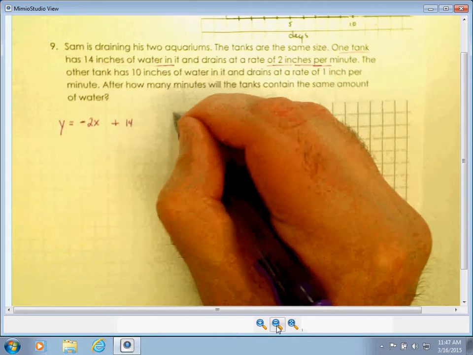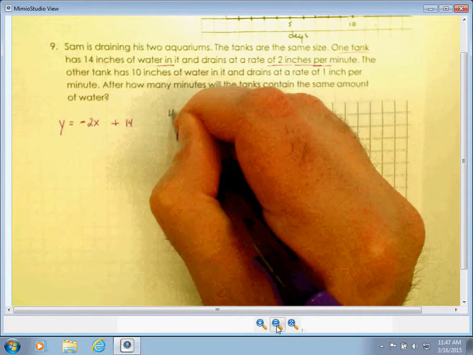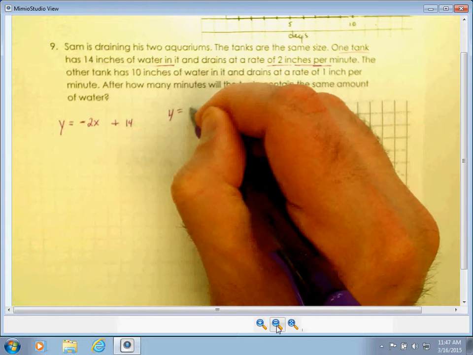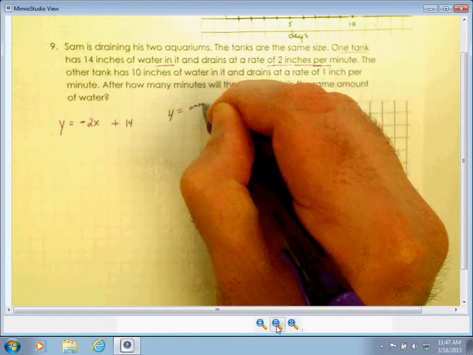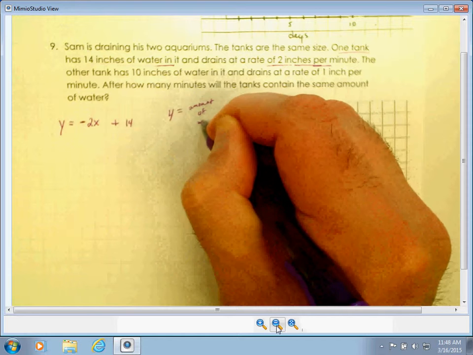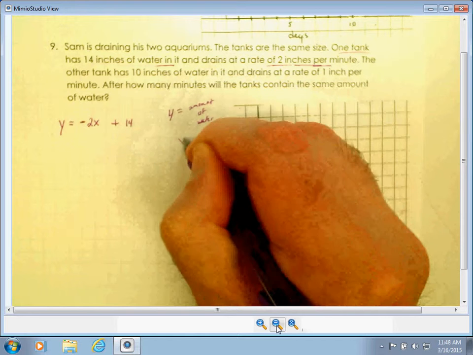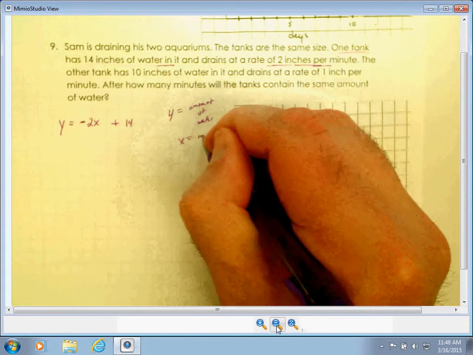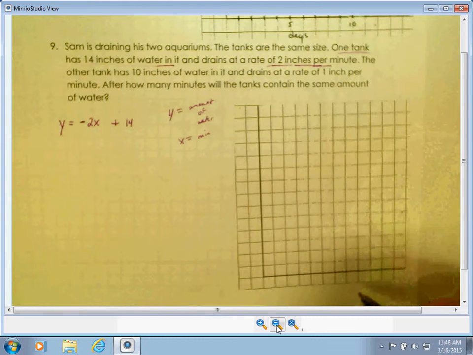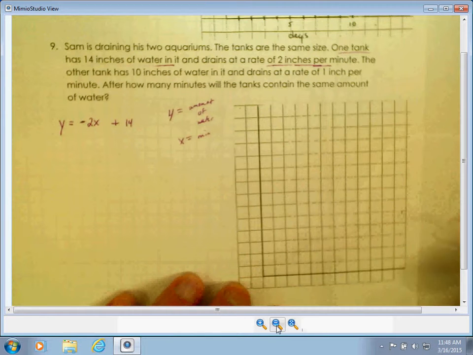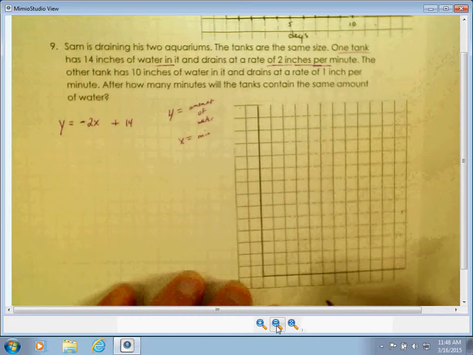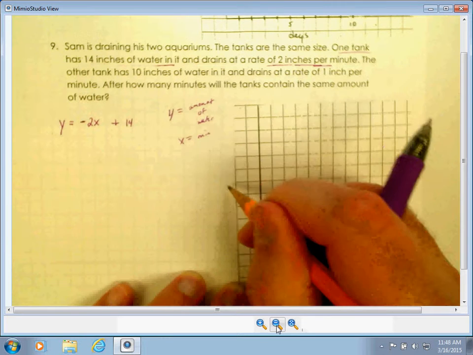So it looks like in this case, y is the amount of water in the tank, and x is the number of minutes. So maybe we can go ahead and label our graph down here with x being in minutes and y being the water.